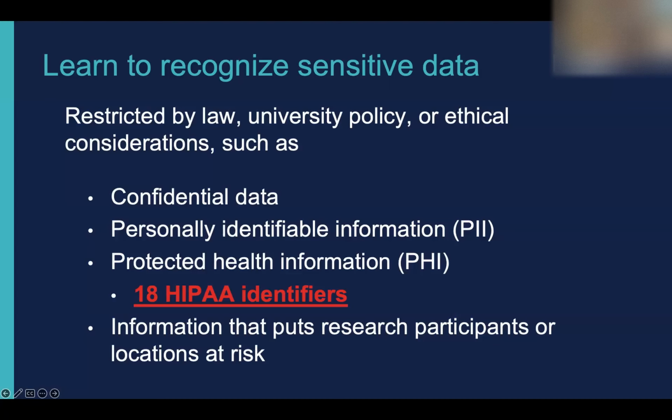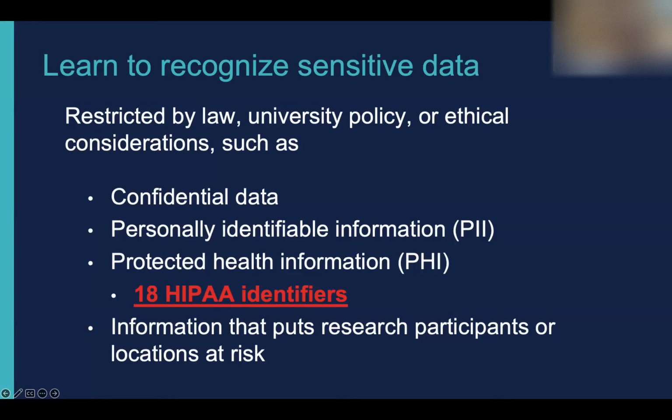Now, this is true for any discipline. I don't want you to think that only people in medicine have to worry about the 18 HIPAA identifiers and that's it. Really, any discipline can encounter sensitive data of one kind or another, and it's important to just be on the lookout for it in what you're doing.